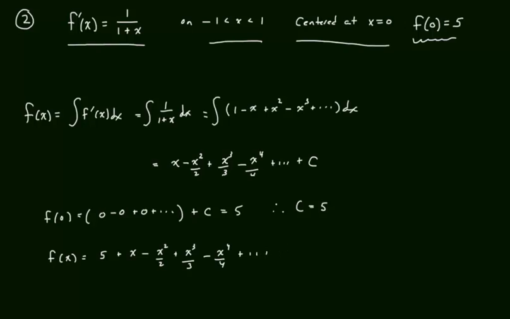And if I was summarizing using summation notation, I would say 5 plus the sum from 0 to infinity, negative 1 to the n, x to the n plus 1 over n plus 1. So hopefully this closer look gave you some insight into how the center gets incorporated into these power series and how it reflects in the bounds of the integrals.